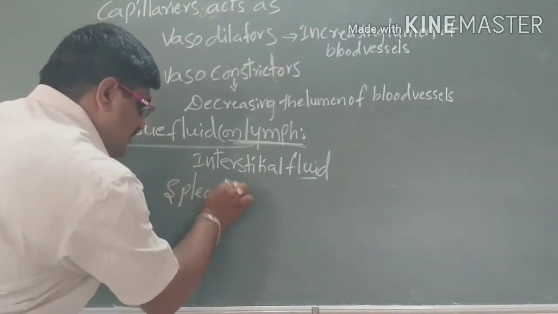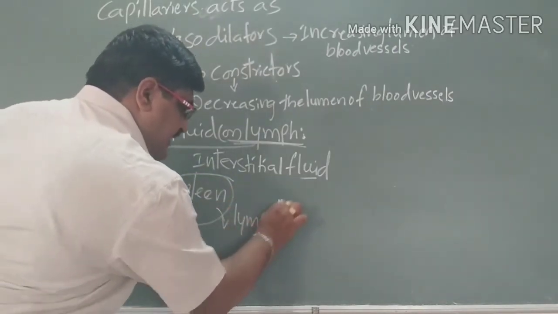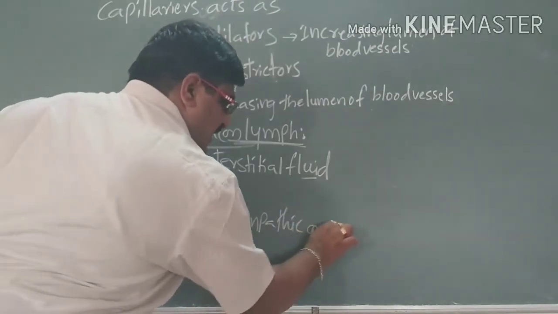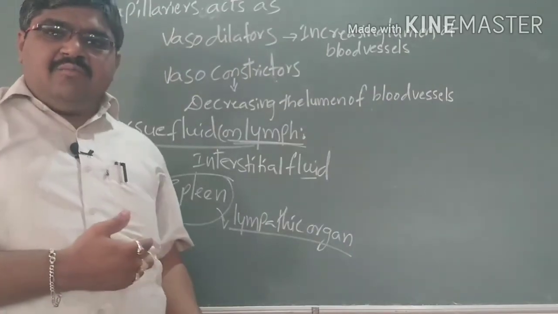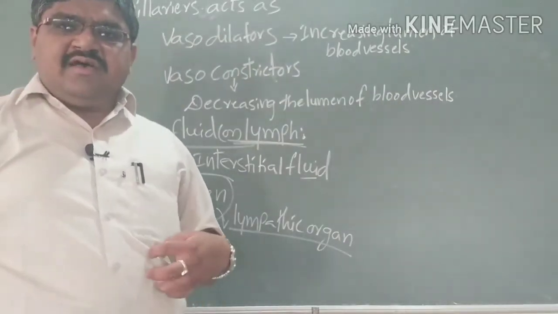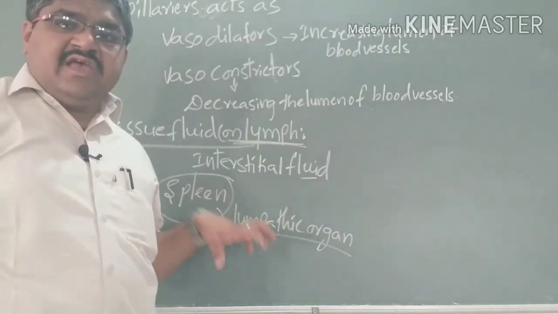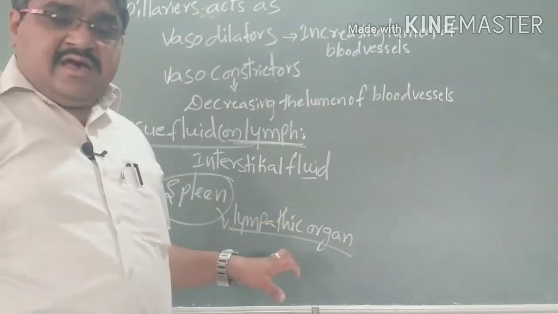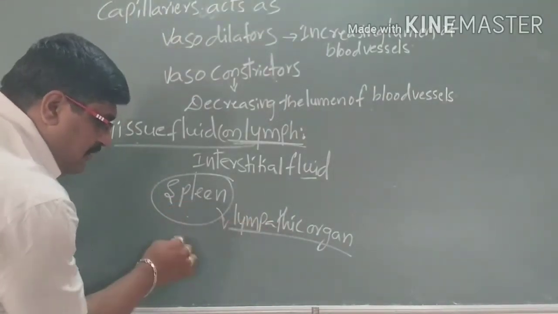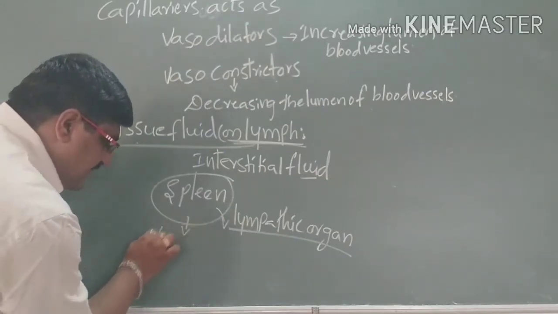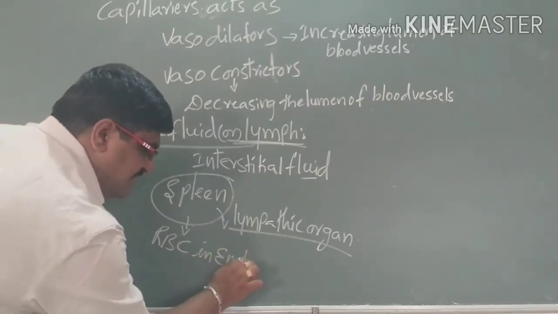The spleen is present behind the right side of the abdominal region, beside the stomach, where it acts as a lymphatic organ, and it also produces RBC in the embryonic stage.